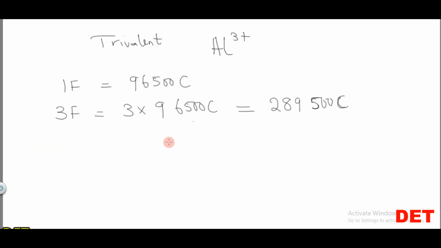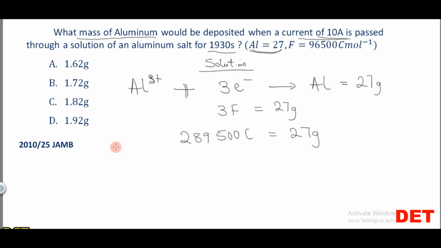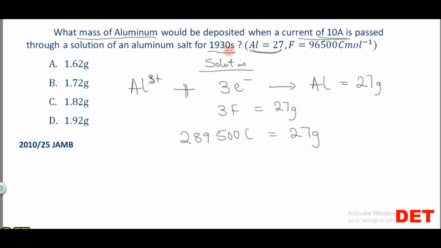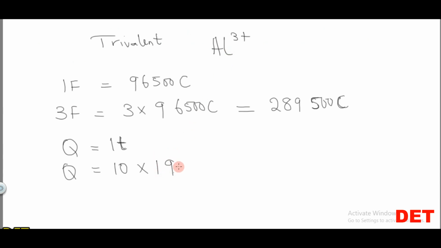Quantity of electricity Q is equal to IT. Our current I is 10 ampere, and the time is 1930 seconds. So 10 times 1930 will give us 19,300 coulomb.